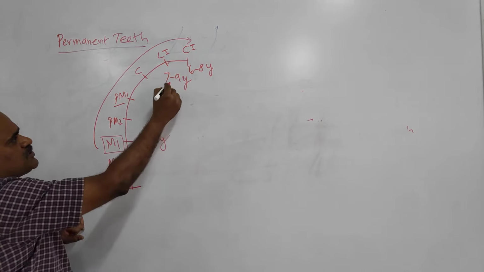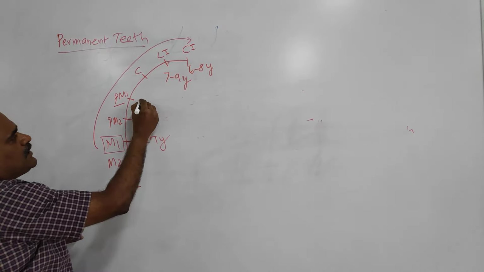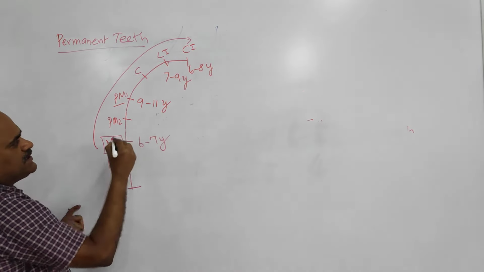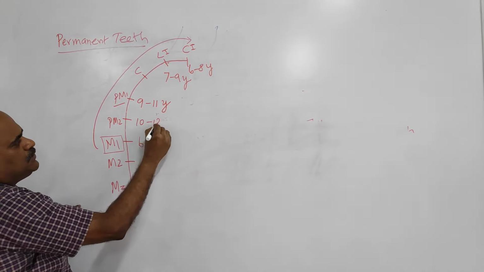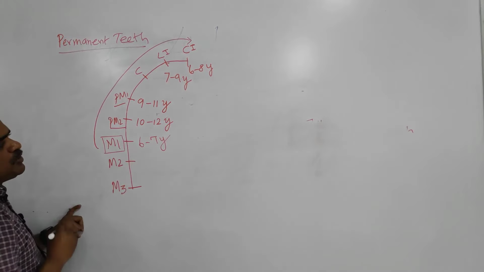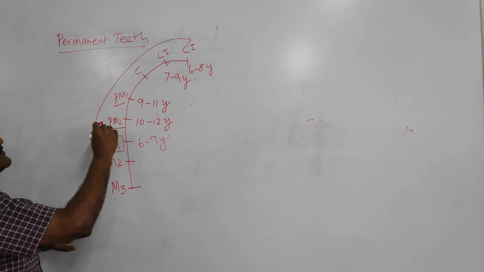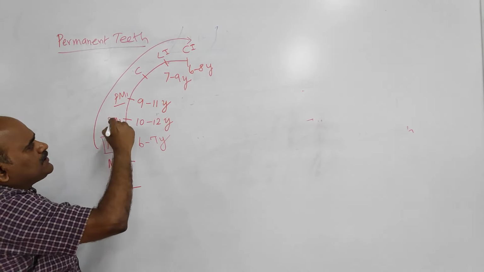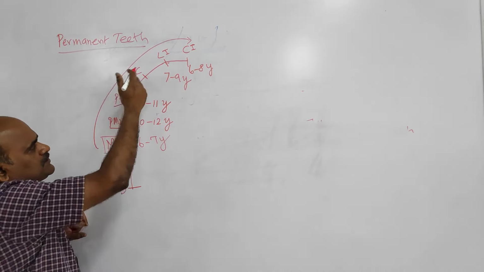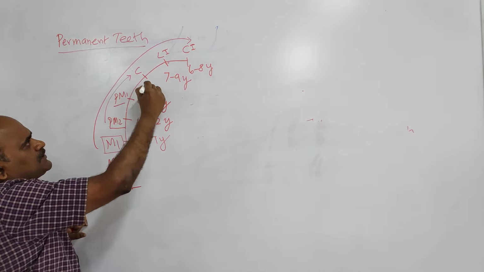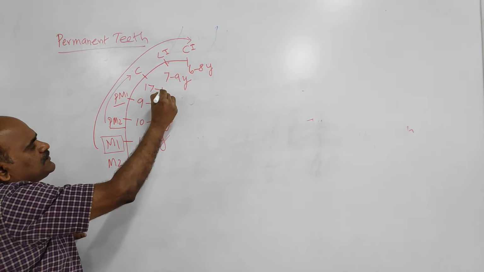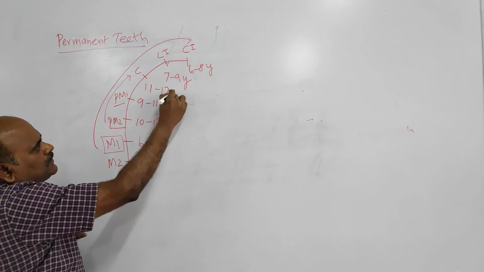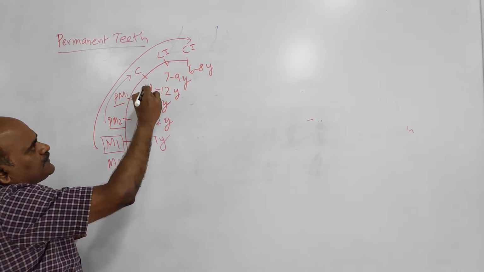So 6 to 7, 6 to 8, 7 to 9, 9 to 11 years. Then 10 to 12 years is the second premolar. After finishing both the premolars, come to canine tooth. That occurs 11 to 12 years.